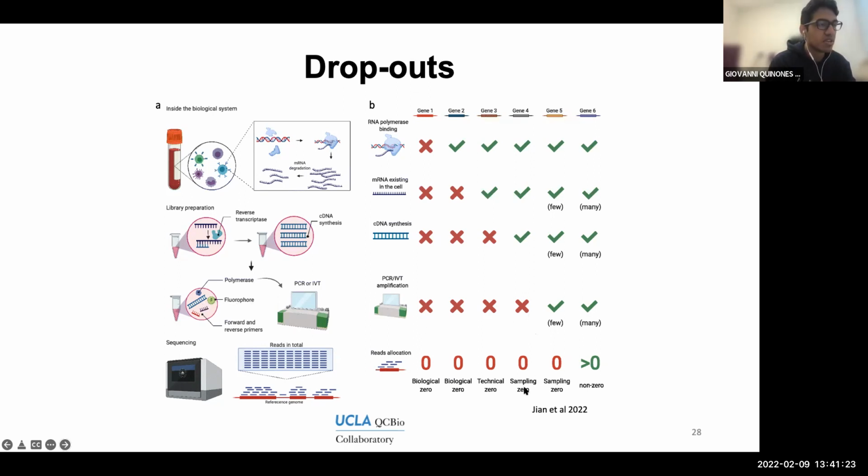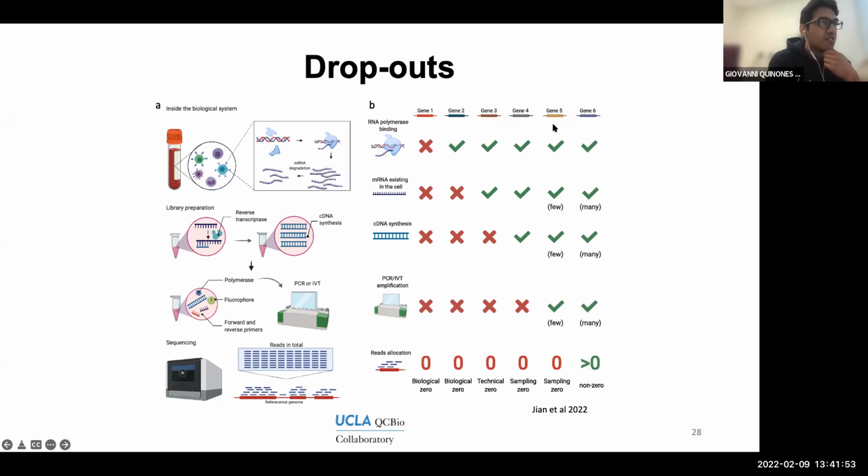This is what we call a sampling zero, meaning that because of the stochasticity of the process, you're just not able to. It's not really an error on your part. It's just that given the concentration and the amount of materials and so on, it just didn't happen that the primers were able to bind to your DNA molecule in the first place.